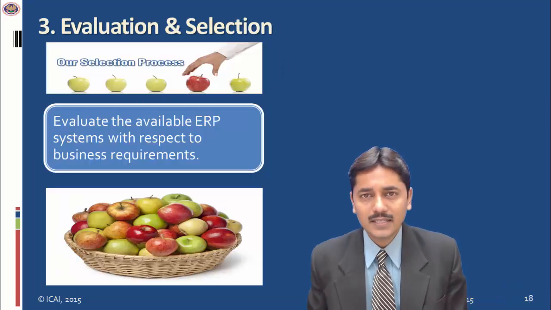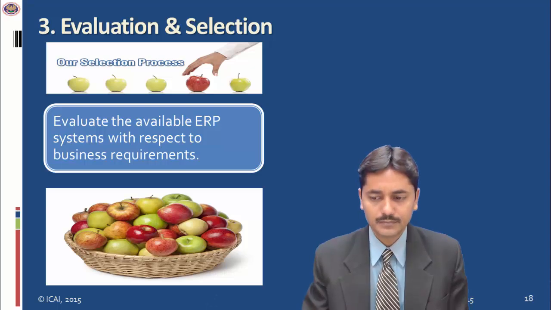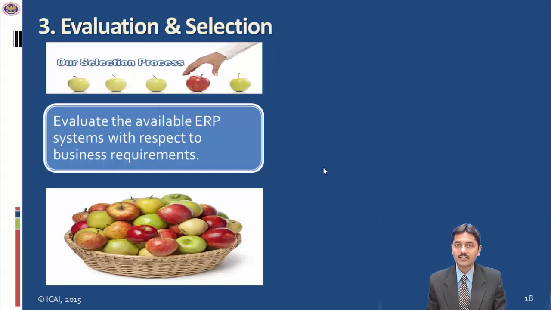The third step in ERP implementation. It is now time to evaluate and select the ERP software. Basically, at the time of evaluation, we must consider our demands and needs along with the software requirement.